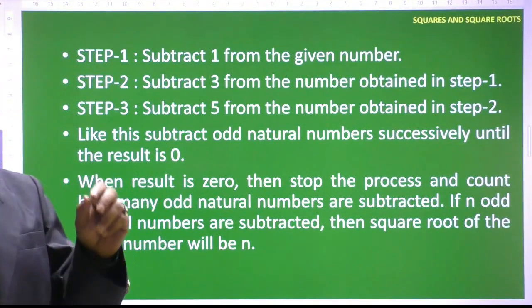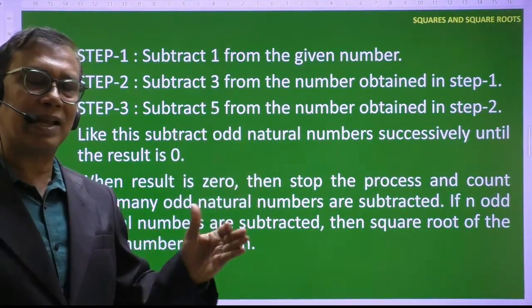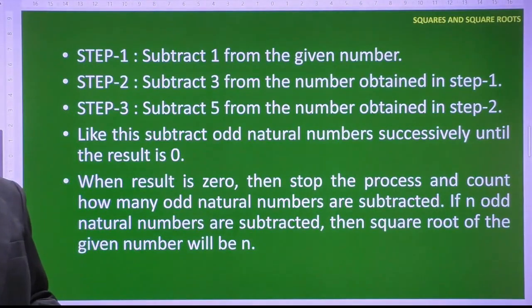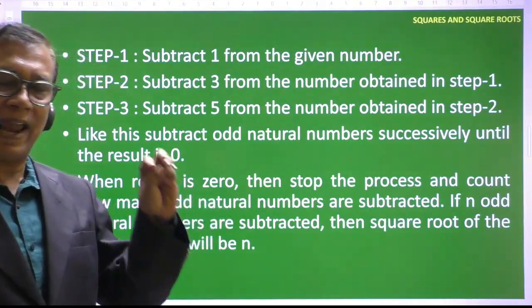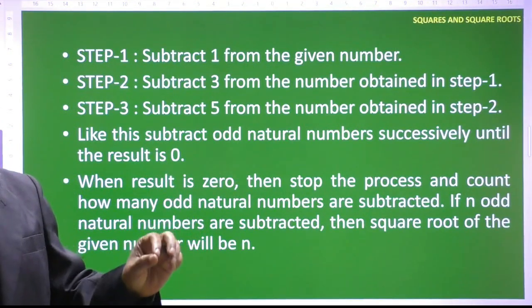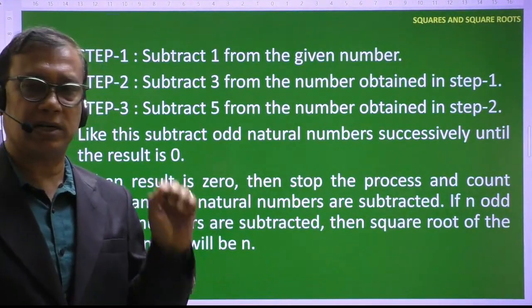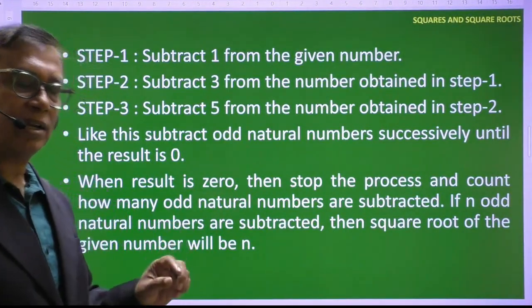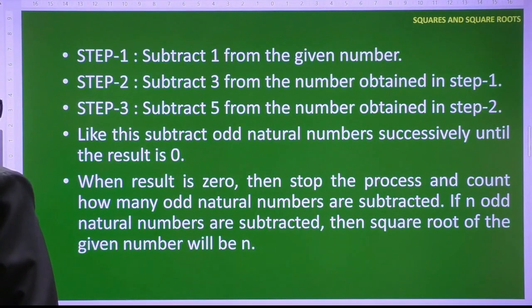When we get 0, we stop and count how many odd natural numbers were subtracted from the given number to get 0. If n odd natural numbers are subtracted, then the square root of the given number will be n only. Is it clear? It will be more clear if I discuss one sum.